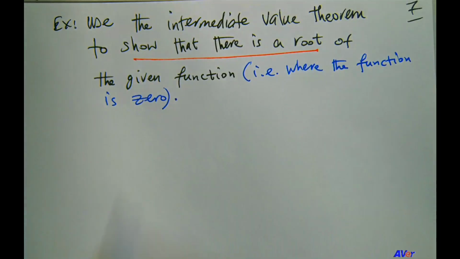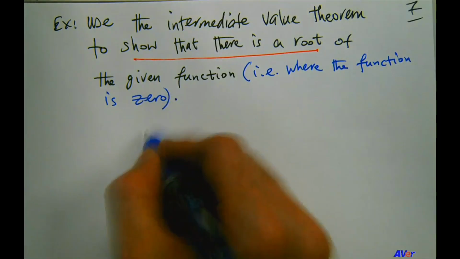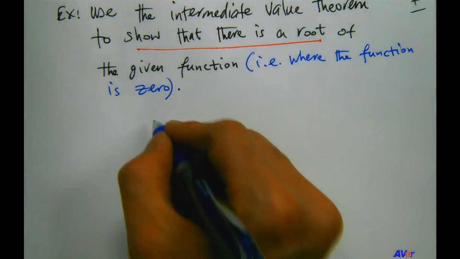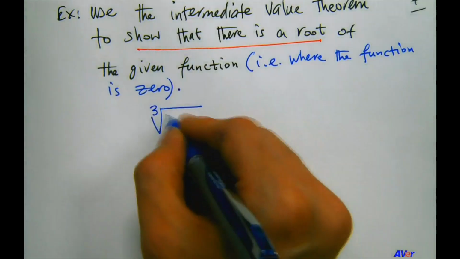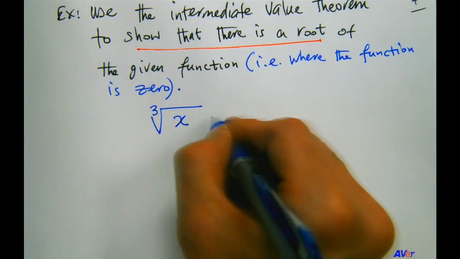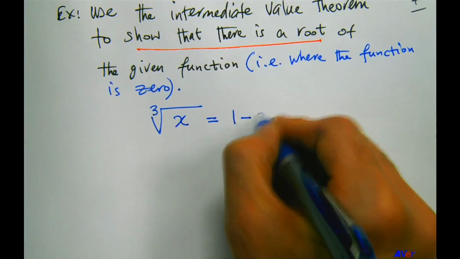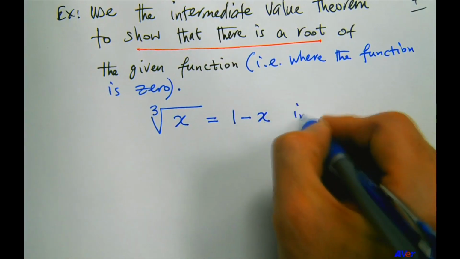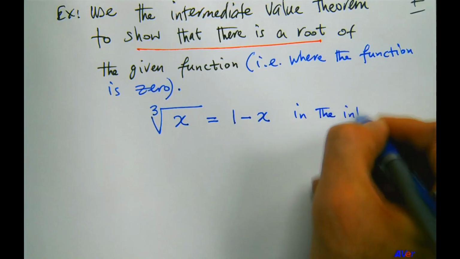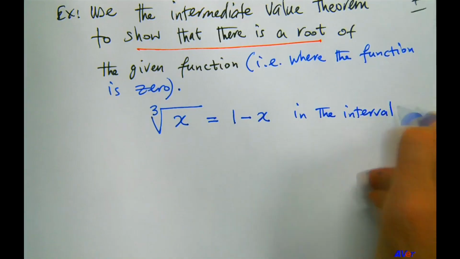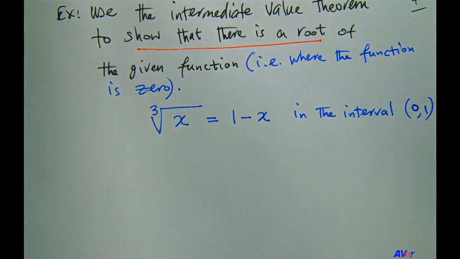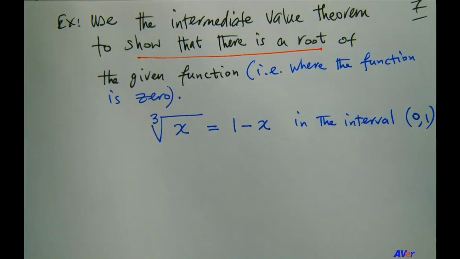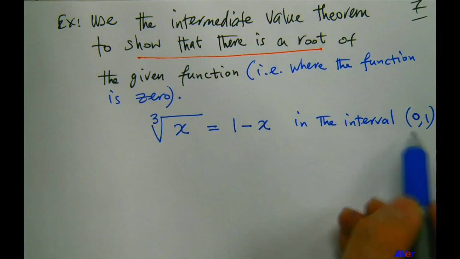Okay, so here's the function that we are given: cube root of x equals 1 minus x in the interval 0, 1. So we need to use the intermediate value theorem to show that there is a root of this function in this interval.